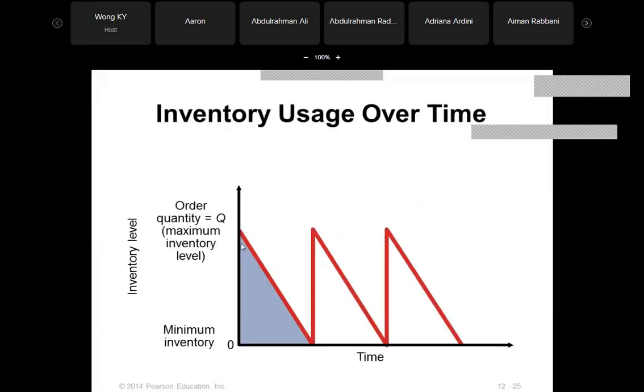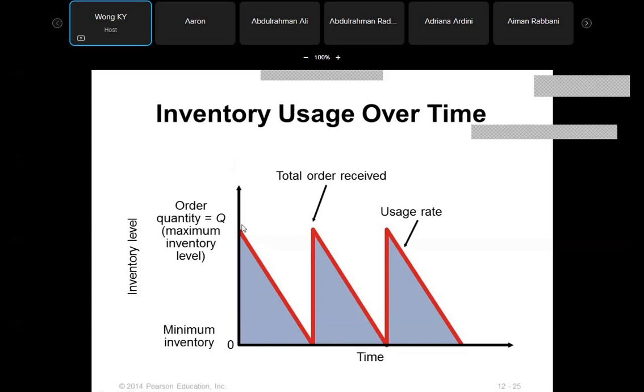You also need to understand this cycle before I go into the model. This cycle is what we call the inventory usage level cycle. Imagine at the start, time 0, we have Q quantity of inventory in the warehouse. Let's say this Q is the maximum inventory level.